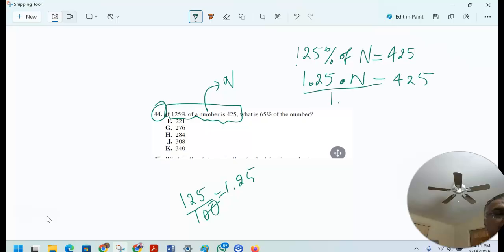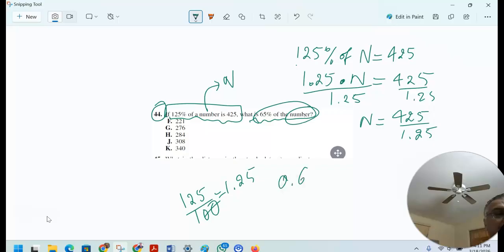So dividing by 1.25, you get the number, n equals 425 over 1.25. Now what's the next question? What is 65% of that number? It means 65% is 0.65 times this number, which is 425 over 1.25.